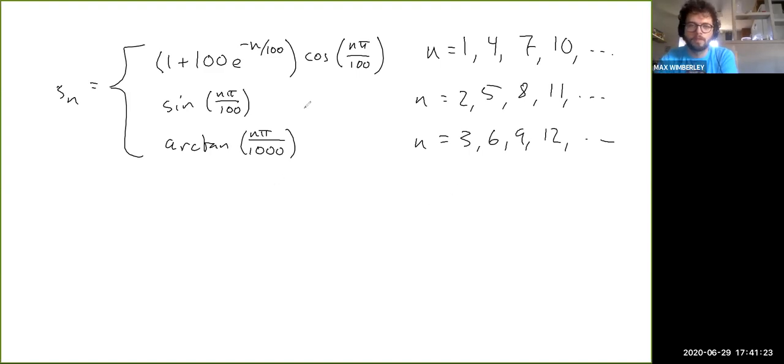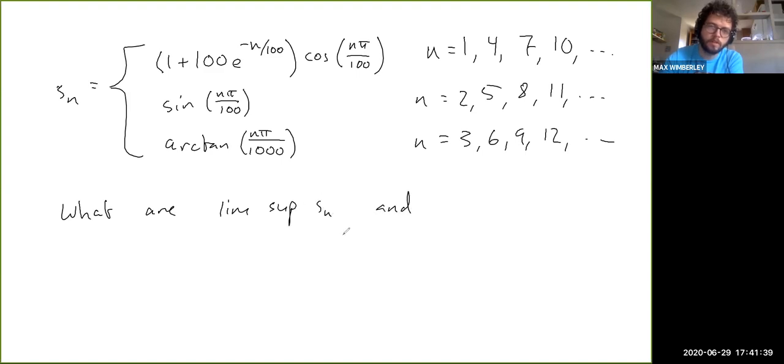So basically the sequence cycles through these different formulas. And I want you guys to tell me what are the lim sup, and you don't have to prove it, of course. I just want you to figure out what they should be.